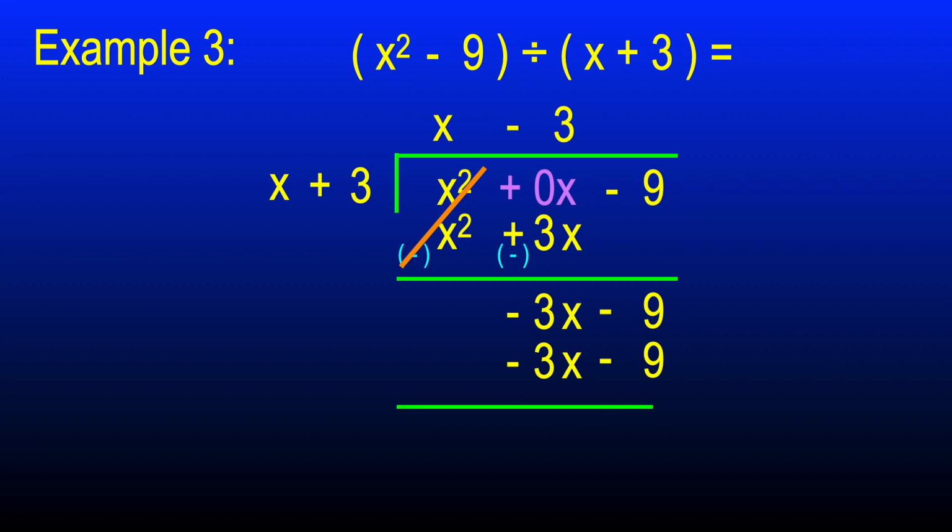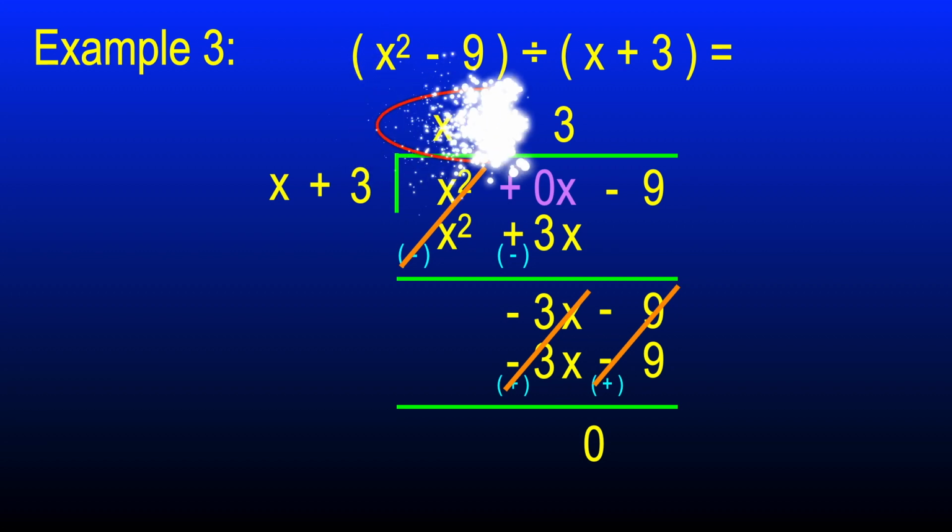And then, change the sign to opposite. Ayan. 0 na yan. Oh, 0 ang difference. Ngayon, wala tayong remainder. So, the quotient is x minus 3.